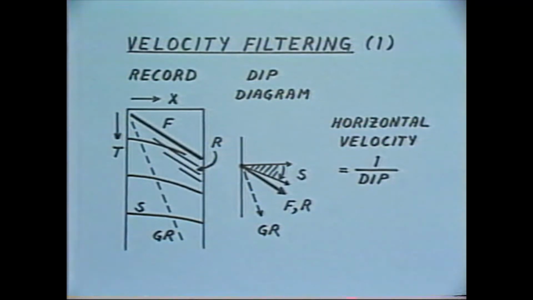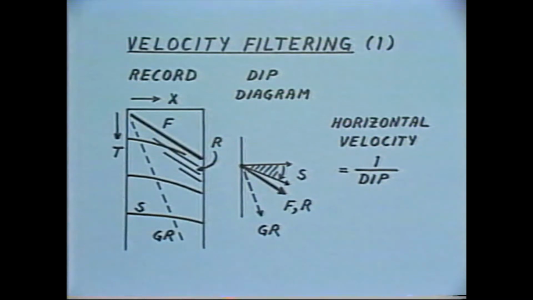And the slow velocity ground roll direct wave would lie roughly along a line like this at a much steeper dip across the seismic record. Now the reflection events, of course, this includes both the primary and the multiple reflections, lie along move-out curves across the record.